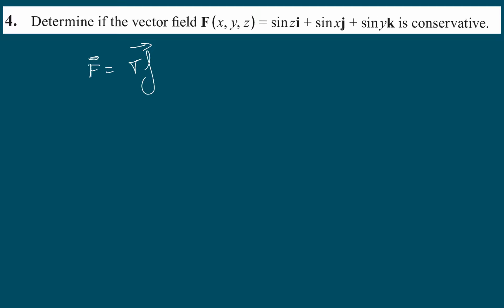So some function little f, the gradient of f will produce a vector field, and the vector field will be this one. So what happens with the curl of F?